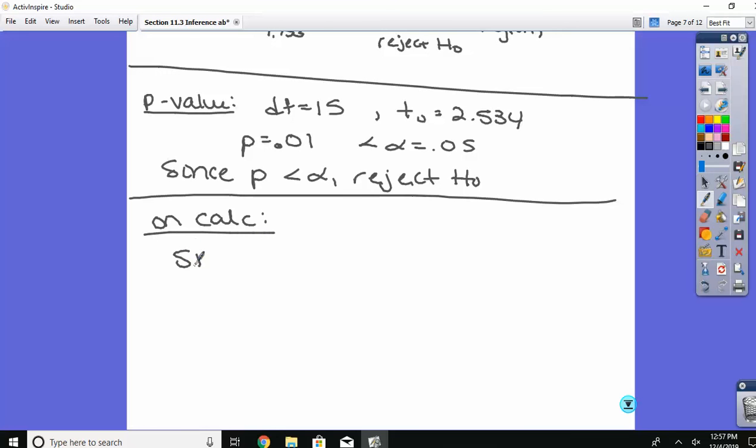So now we are going to go to Stat, Tests, and this time we have two different samples. We are talking about the mean, so that means t-test. So we need two sample t-tests. So that is number 4.